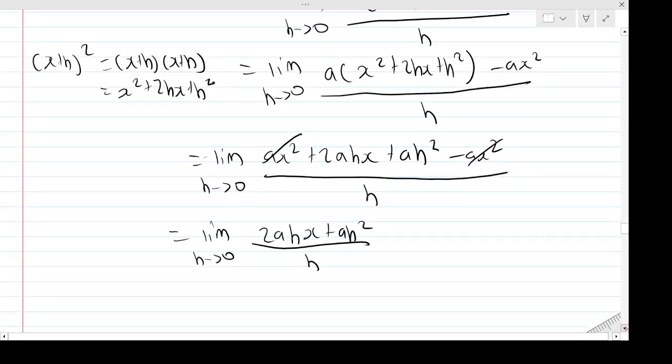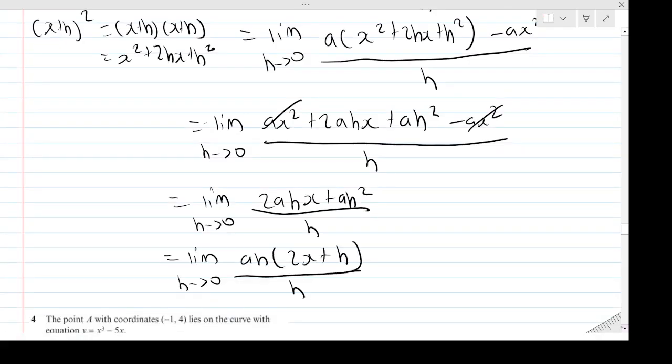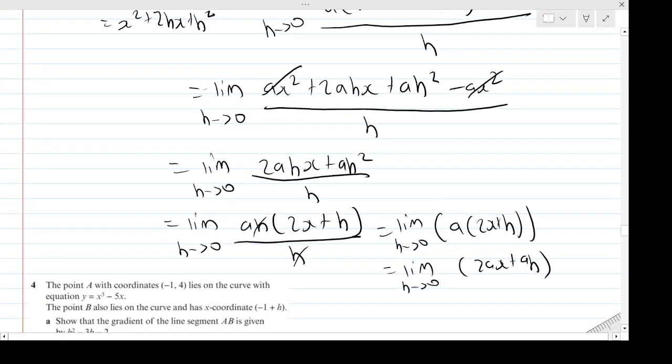I can pull out a factor of ah, right? Of ah, lots of 2x add h all over h. And then I can cancel the h's out, right? To be left with, as h tends to 0, of a lots of 2x plus h. And then if I expand that out, I get 2ax add ah.